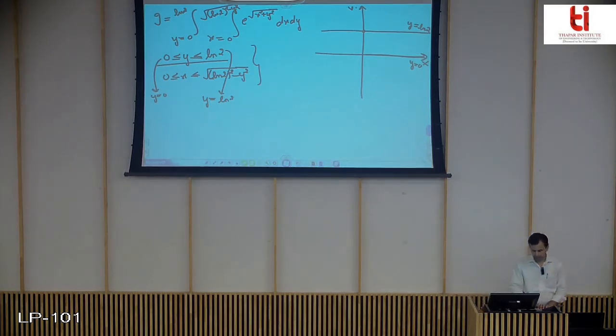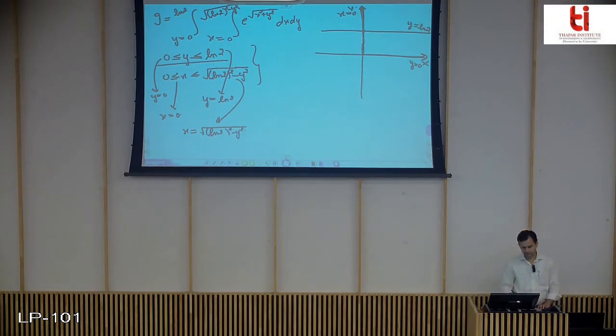Done. From here we have x equals 0. So this y-axis is your x equals 0. Done. And now you have here x equals square root of (ln2)² minus y².